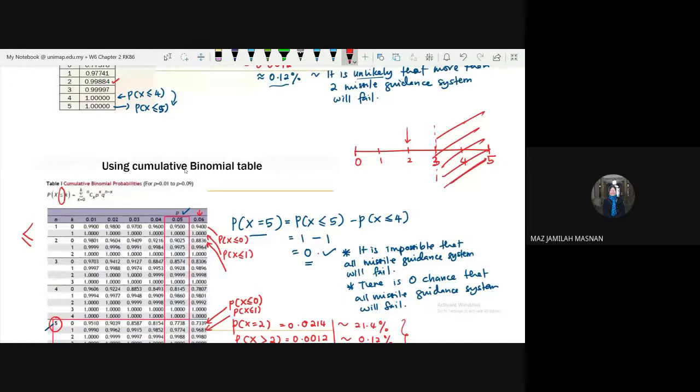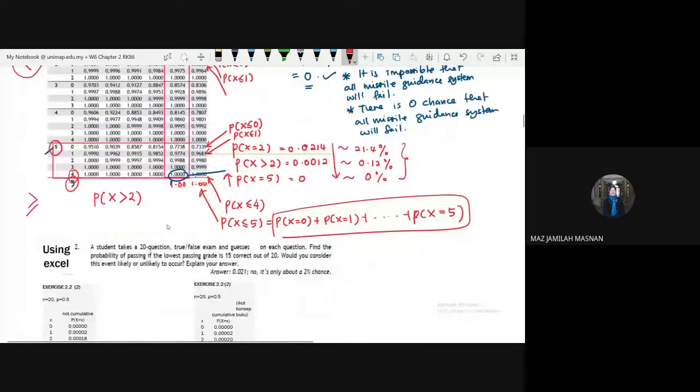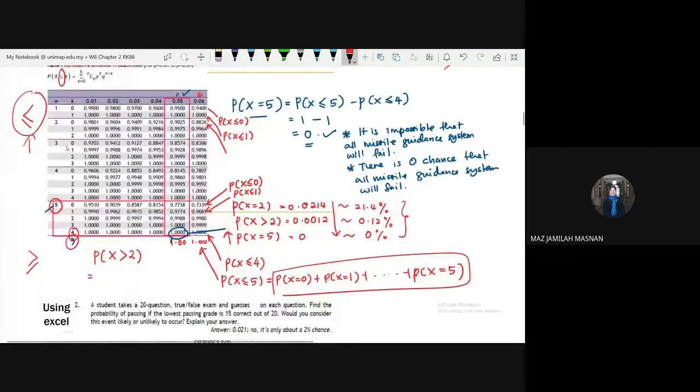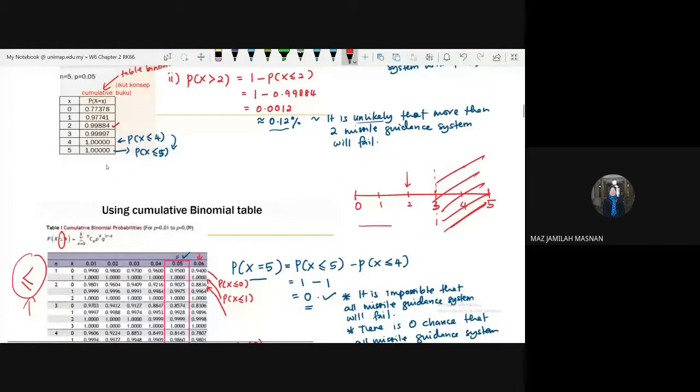Now, since our binomial table fulfills this criteria, we have to change this into the following. We know that the total probability from 0 until 5 is 1.